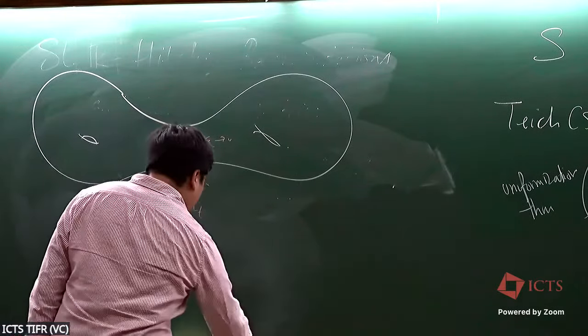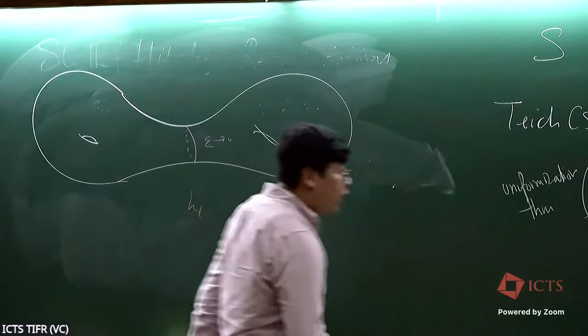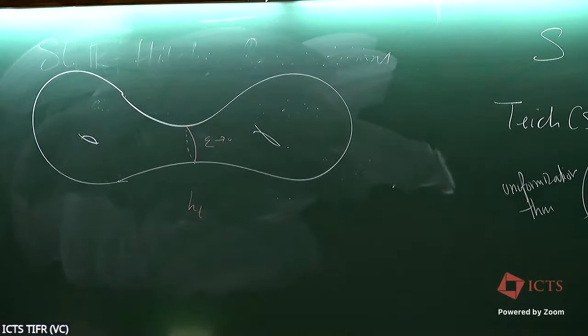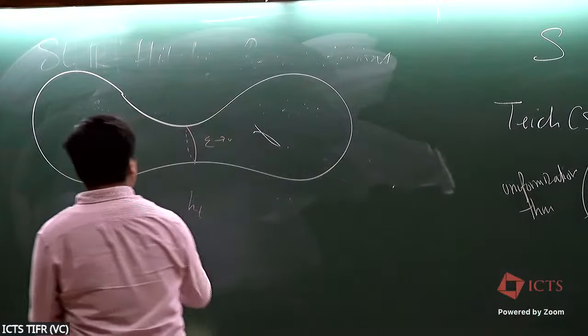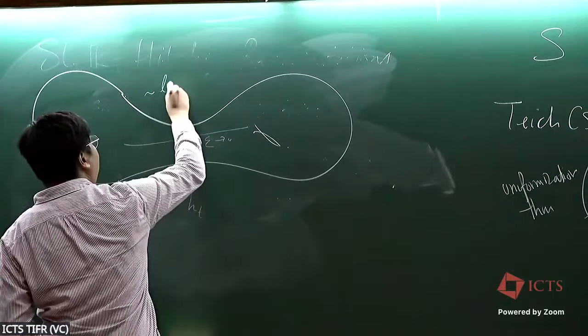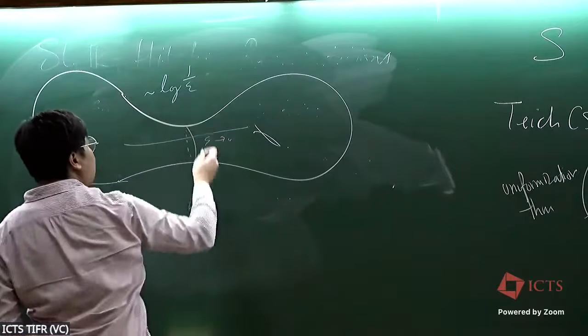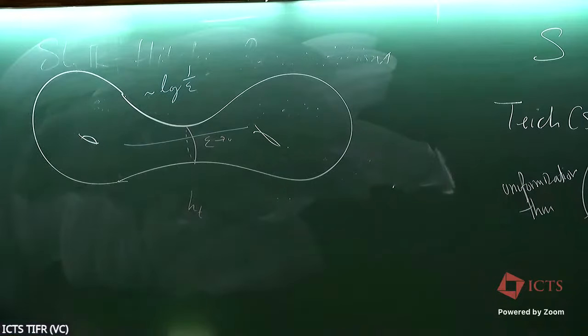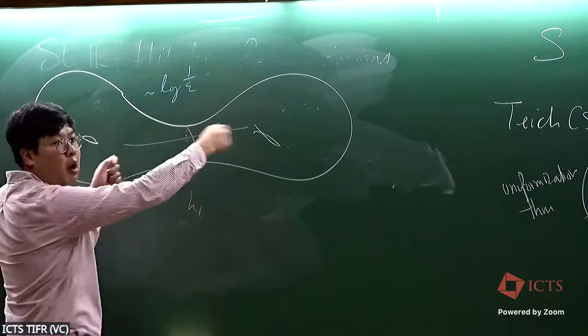Well, the collar lemma then shows that if I take maybe an arc that runs transverse to it here, then this arc, this maybe geodesic arc, is comparable to log 1 over epsilon. So what it's saying is that if this red curve goes to 0, then the length of this blue arc goes to infinity.